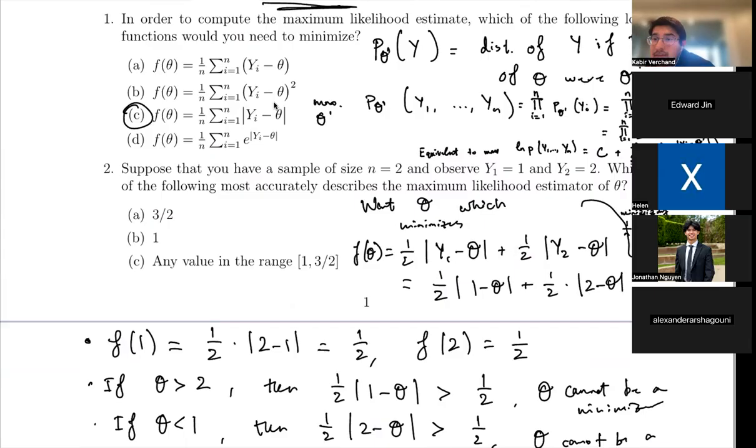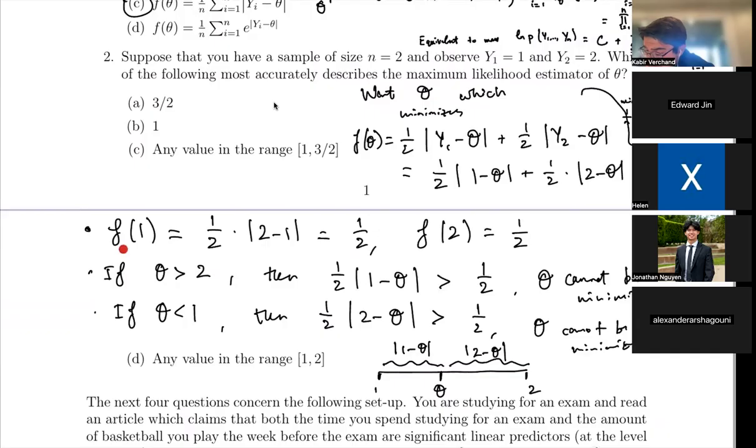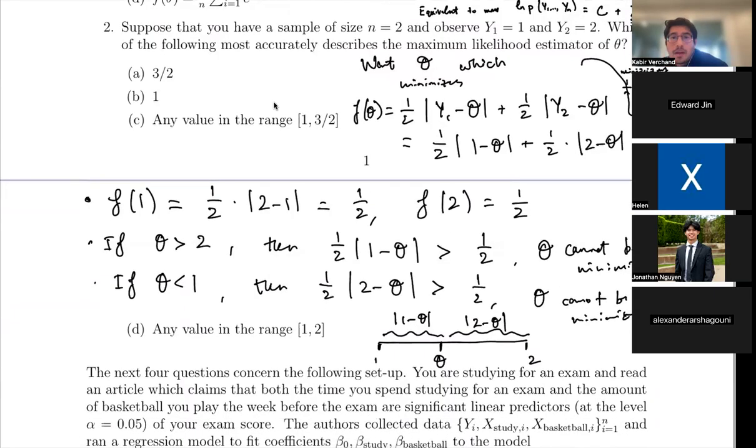But if we're using the loss function here, the 1/2 comes from the 1 over n, and n equals 2 in this case. And in f of 1 and f of 2, I get this 1/2 by plugging theta equals 1 and theta equals 2 into f of theta and evaluating the function. Hopefully that answered the question. If not, feel free to follow up.